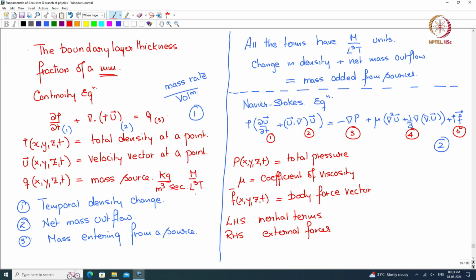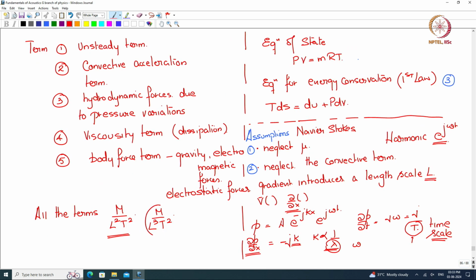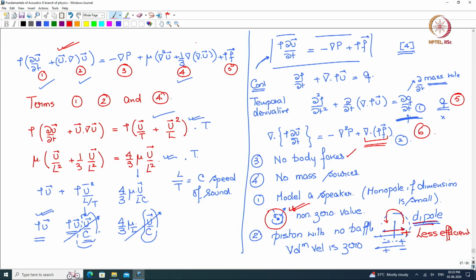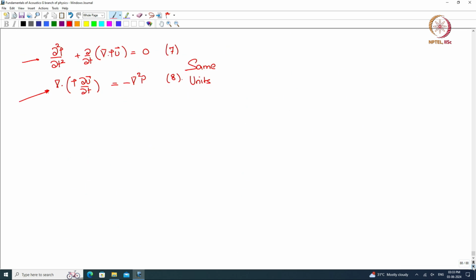So, if you take a time derivative it becomes m over L cube t square. So, both now have m over L cube t square. So, that is the reason we did that operation, differentiating one with time and one with space, both have the same units. Okay, so we have come up till 7 and 8.